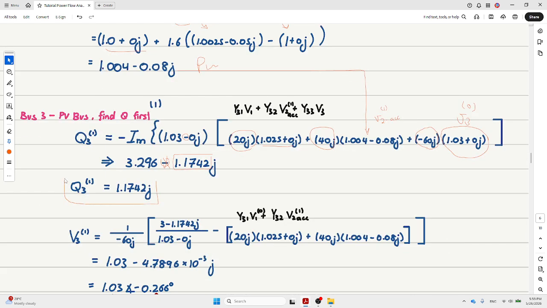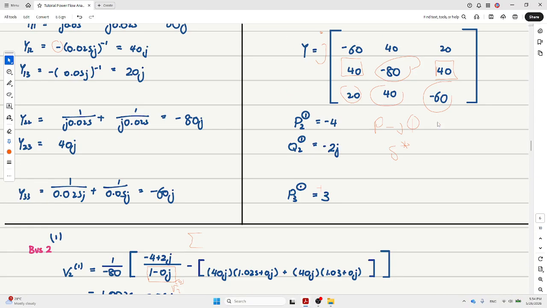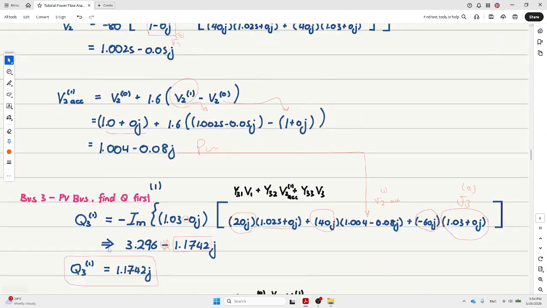So this is the final value we have. After this, we have to calculate V3. From V3 we know the magnitude; we only need to calculate the angle, but we do it the same as for V2 for the PV bus: 1 over 160j, which is 1 over this value Y33.